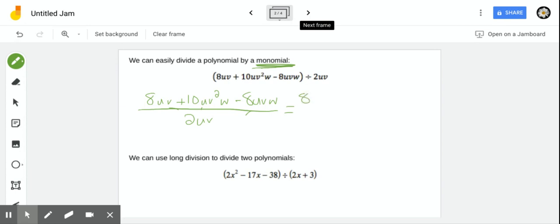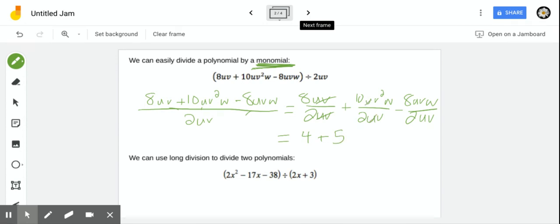So we can split this into 8uv divided by 2uv plus 10uv squared w divided by 2uv minus 8uvw divided by 2uv. Okay, this only works when you have a monomial on the bottom. And then we can simplify these things. 8 divided by 2 is 4. uv and uv are going to cancel out. Plus 10 divided by 2 is 5.